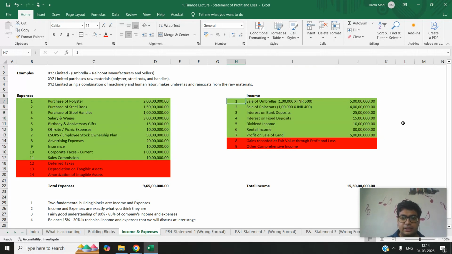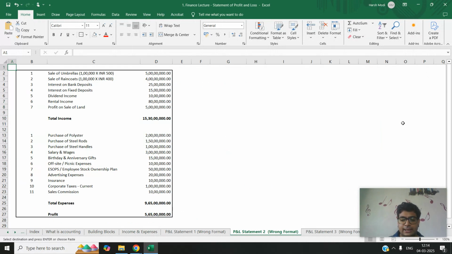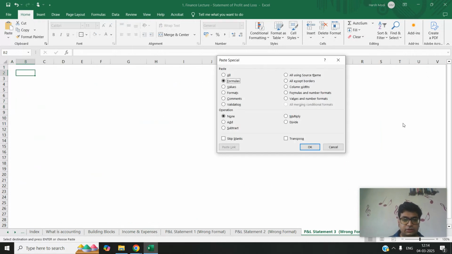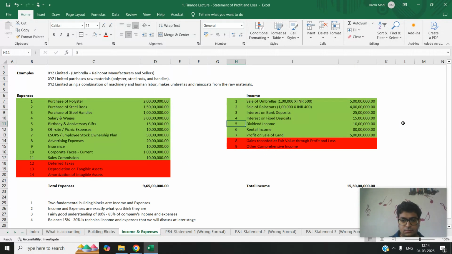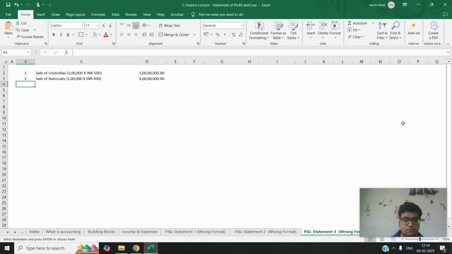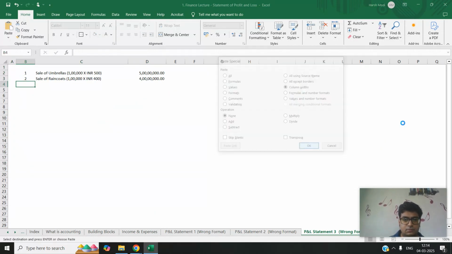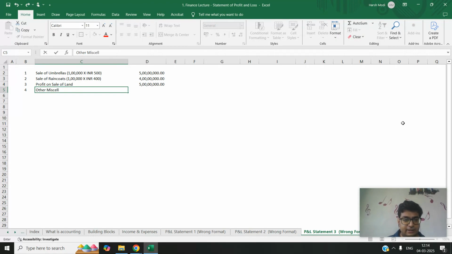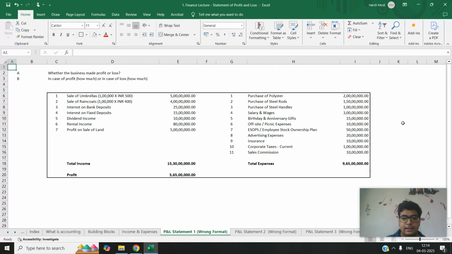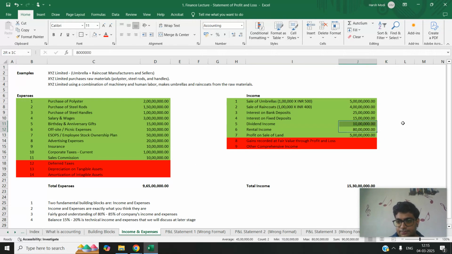So Srinivas decides to list all the major income sources, and for the income that is trivial, he decides to present it collectively. So he writes here other miscellaneous income, and he simply totals this up. So this comes to 1 crore 30 lakh.